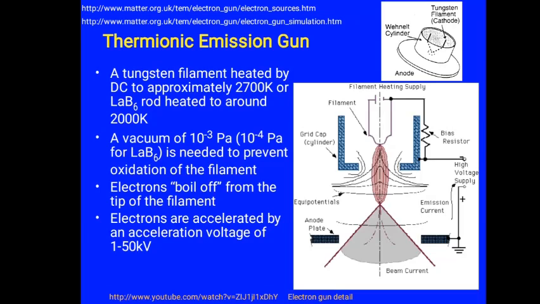Next, a vacuum of 10 to the minus 3 Pascal is needed to prevent oxidation of the filament. Electrons are boiled off the tip of the filament. Electrons are accelerated by an acceleration voltage of 1 to 50 kilovolts.